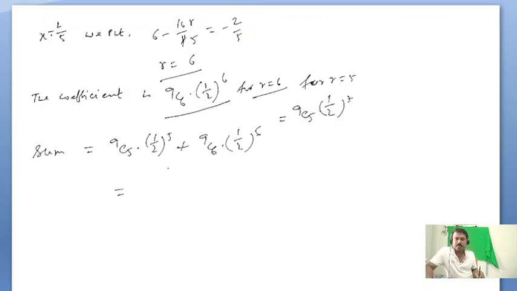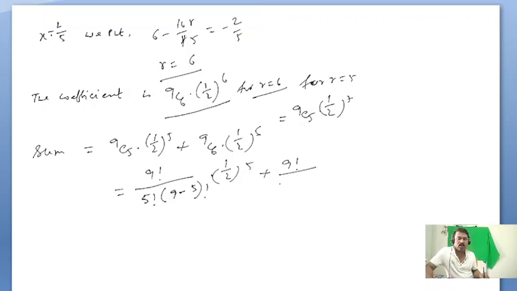Okay, we now calculate this: 9 factorial divided by 5 factorial, (9 minus 5) factorial, into (1 by 2) whole to the power 5, also 9 factorial divided by 6 factorial, (9 minus 6) factorial, into half whole to the power 6.